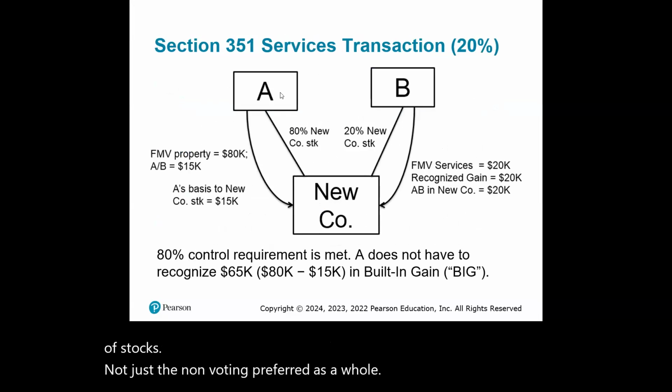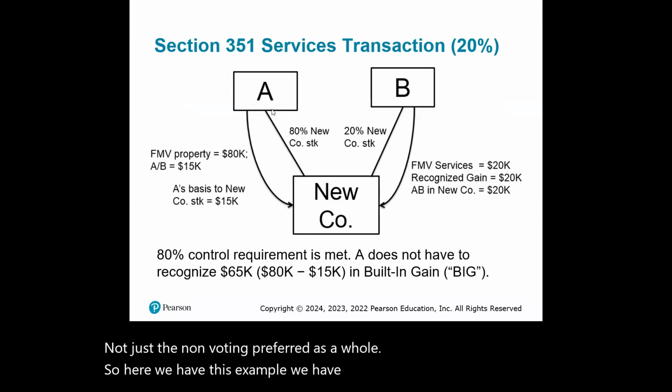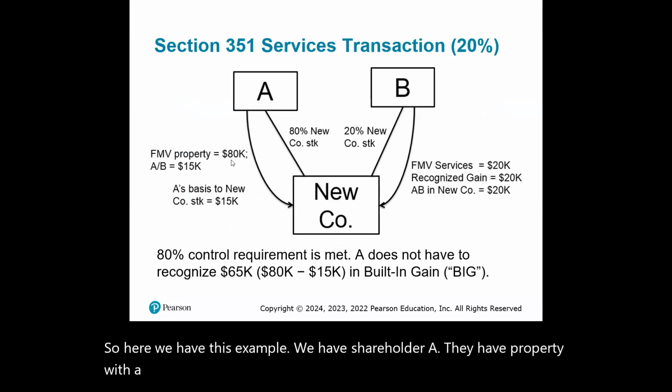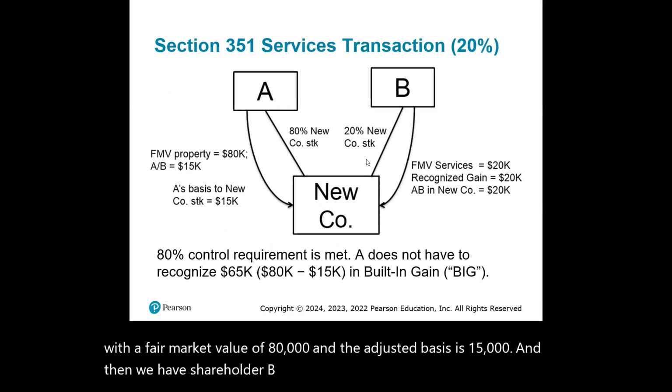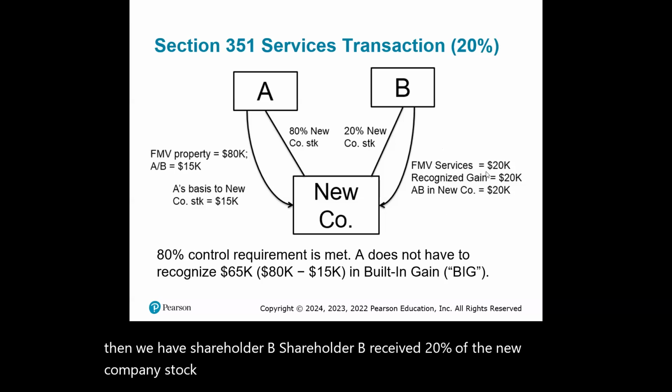So here we have this example. Shareholder A has property with a fair market value of 80,000 and the adjusted basis is 15,000. Shareholder B received 20% of the new company stock, and the fair market value of the services is 20,000.